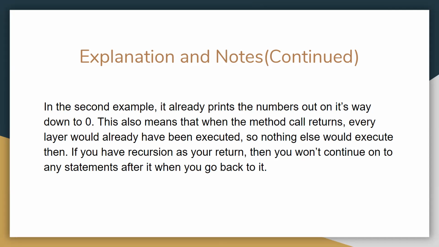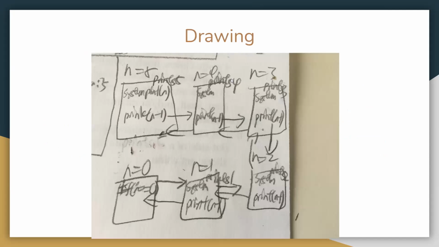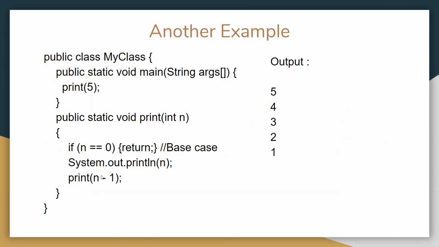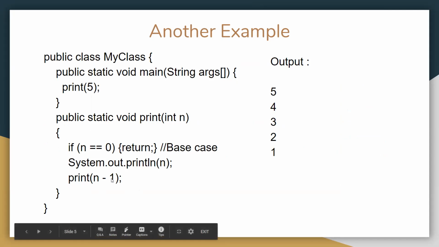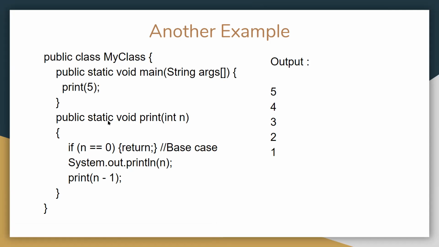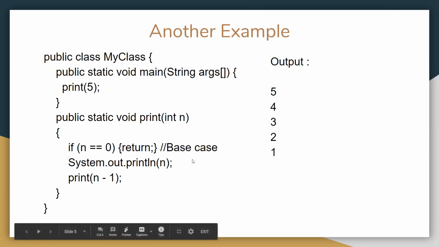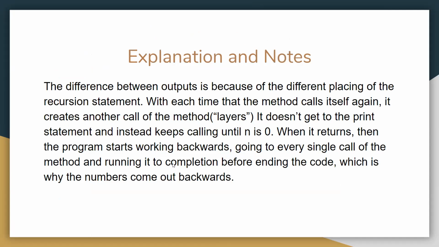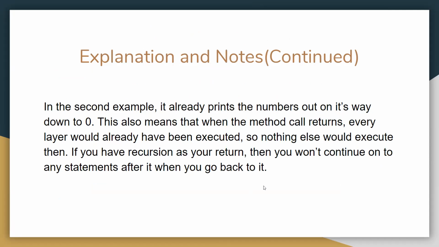I think I have an example of that later, but basically, if you're returning something, not like here where it's just a regular n minus 1, but actually returning a value like an int or something similar, then because you're returning it and that signifies the end, after you execute all of the method calls inside of that, when it comes back to it, it's automatically returning.